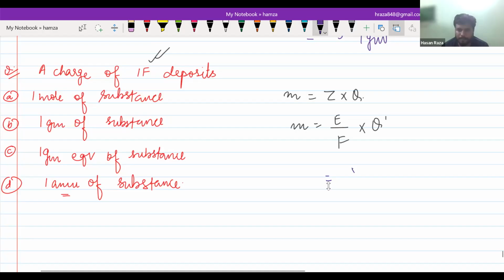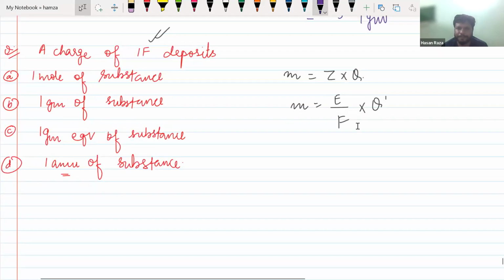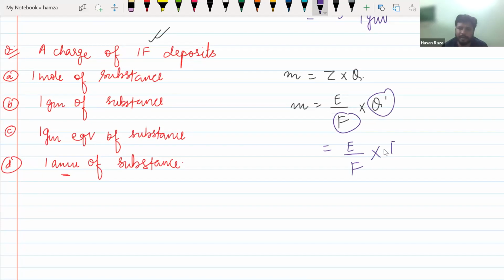You know that Z is E upon F. F is 1 Faraday given and the charge deposited is 1 Faraday, so this will be cancelled. So M will be equal to the equivalent weight, that is 1 gram equivalent of substance. So the answer is C, not D.